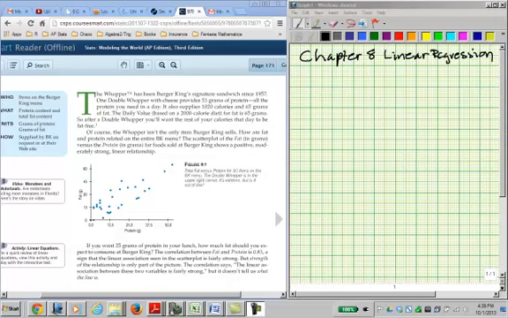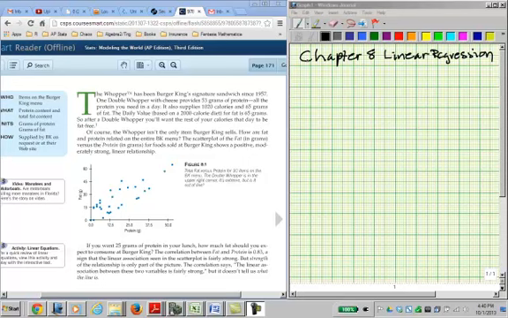This is a Chapter 8 introduction on linear regression. Now, the chapter starts out talking about the association between protein and fat in grams in Burger King Whopper hamburgers.